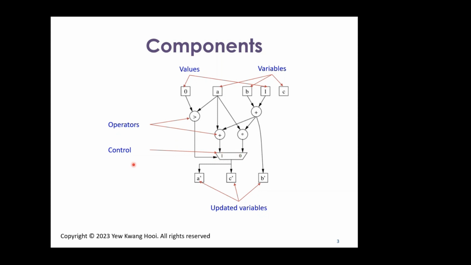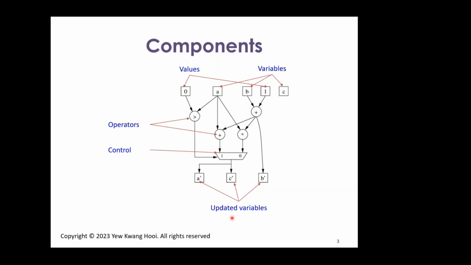So yes, control can also be included inside a DFG, and in this case, this symbol represents control: if true or false. And as I mentioned earlier, what is the use of the apostrophe? It represents that the value inside the variable has been updated.